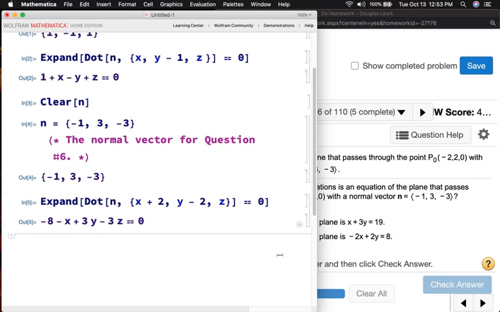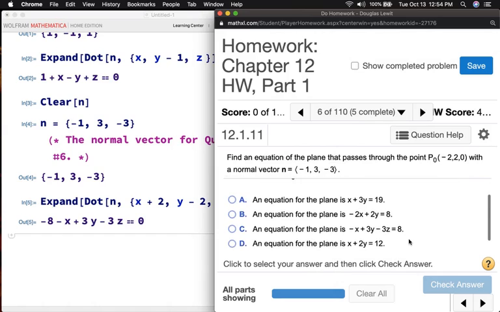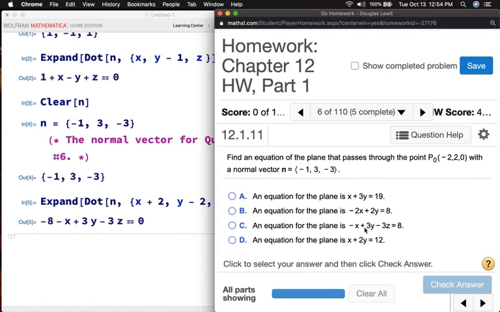So it looks like I have negative x plus 3y minus 3z is equal to positive 8. I'm just taking the negative 8 and moving it to the right side of the equal sign. And that should be correct.